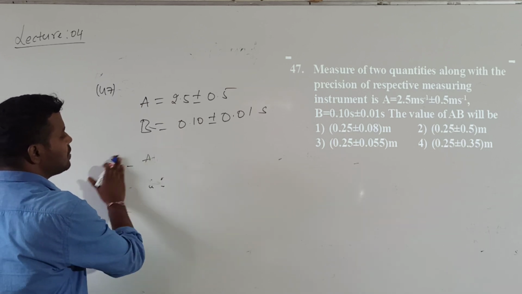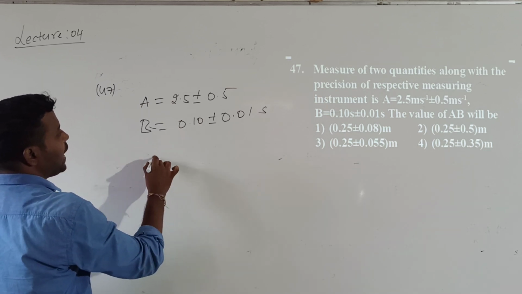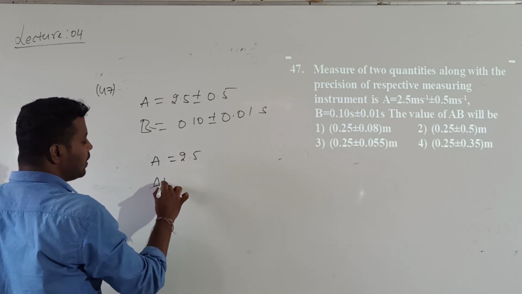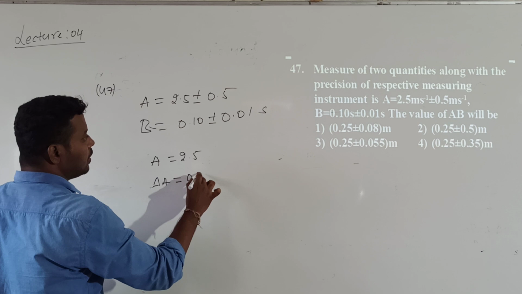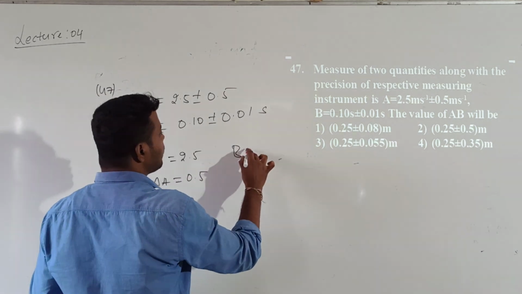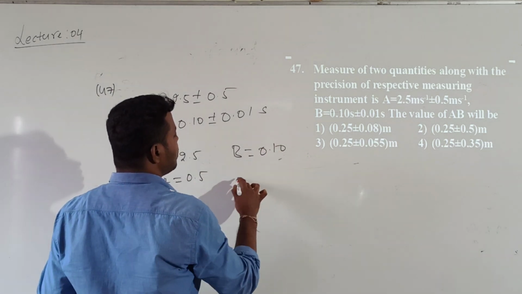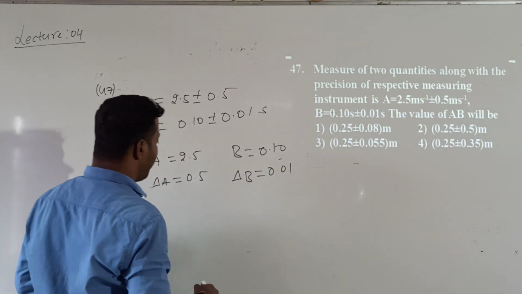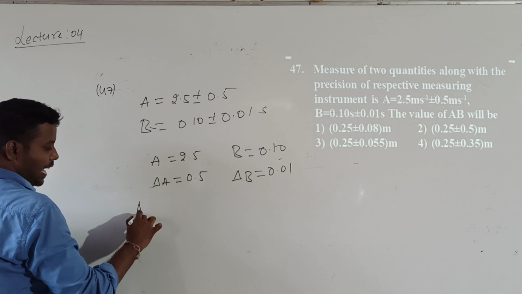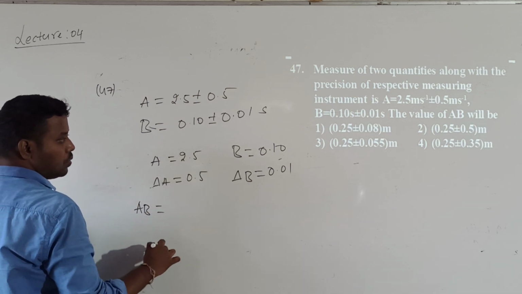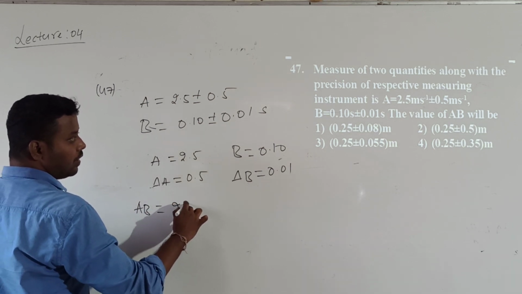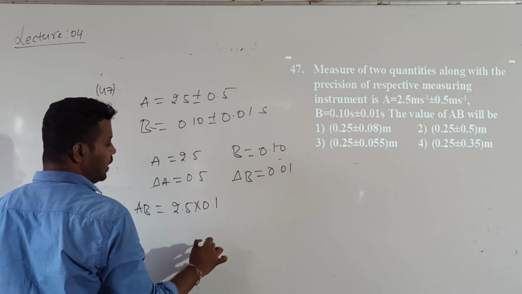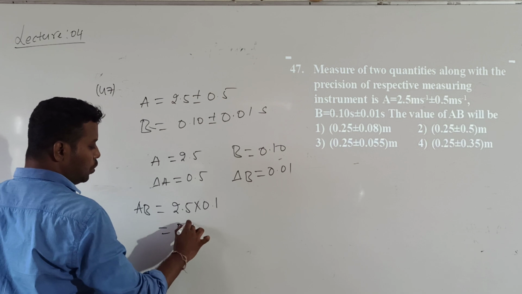A value is 2.5. What is delta A? 0.5. What is B value? 0.10. What is delta B? 0.01. So then what is the AB value? 2.5 into 0.1, which is 0.25.